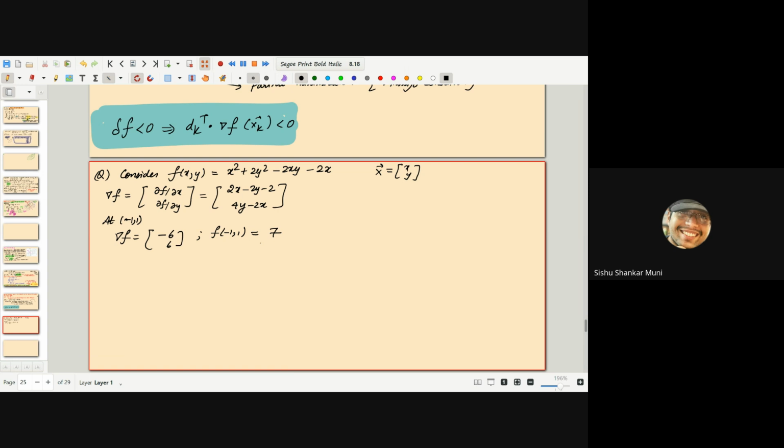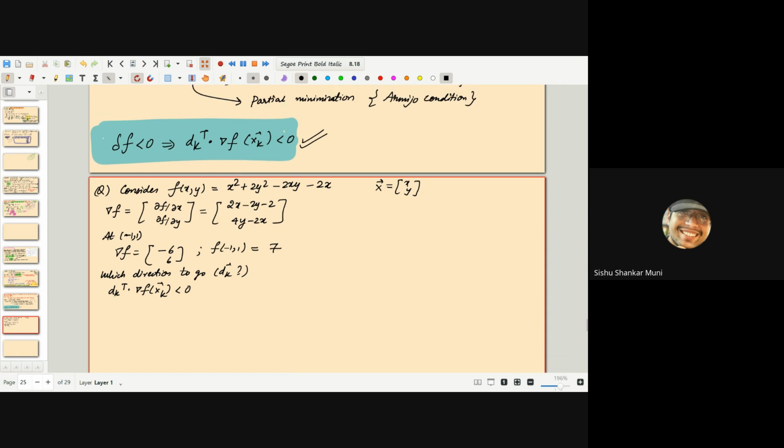Fine, agree. Now I am asking, which direction shall we go? I am finding dk. What is dk here? As you know, we have to go in a direction dk where it satisfies this condition, that is dk transpose grad f at xk less than 0.